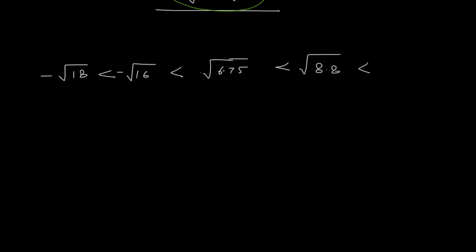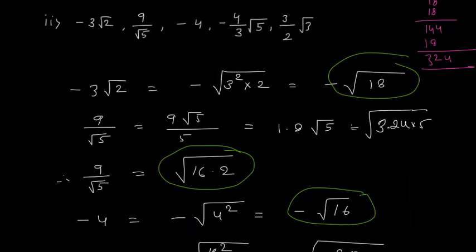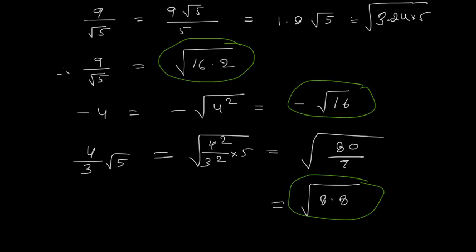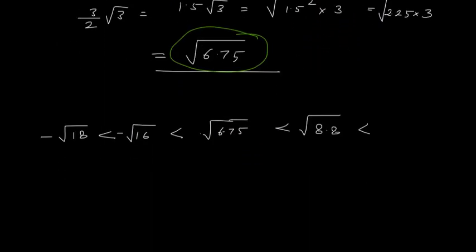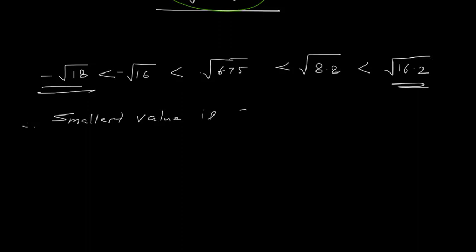Then we have root 18, root 16.2, root of 16.2. So the smallest value is this and the largest value is this. So I will say that therefore the smallest value is minus root 18.